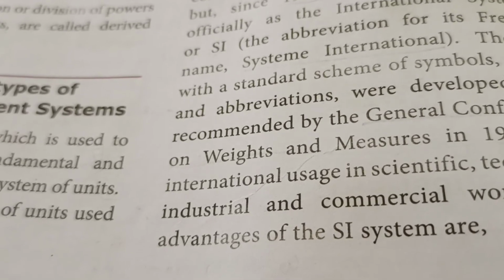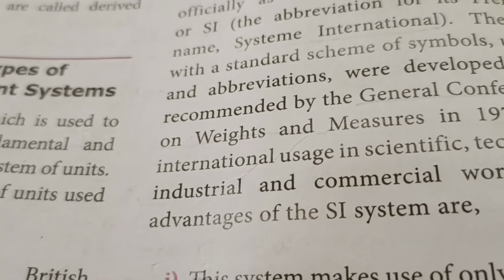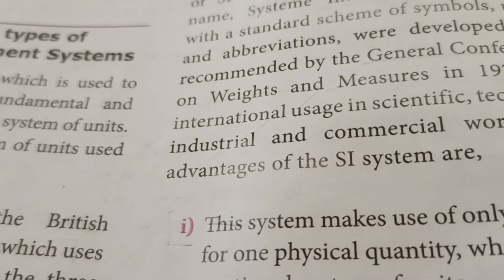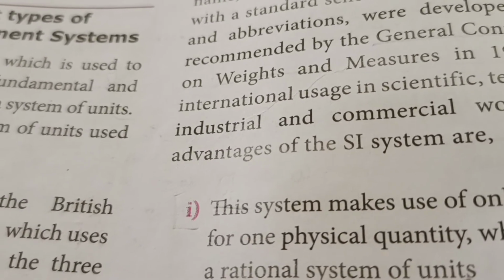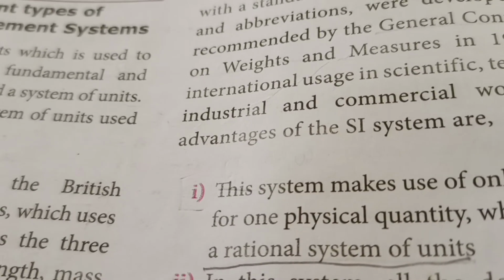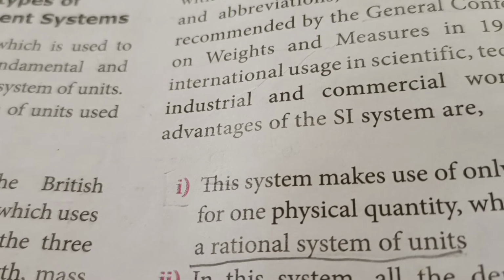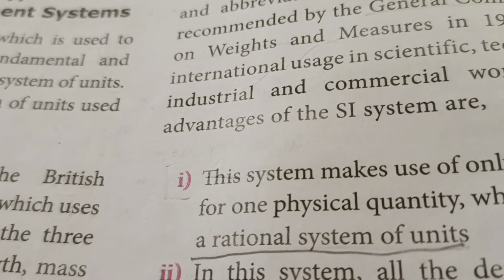The SI, with a standard scheme of symbols, units and abbreviations, was developed and recommended by the General Conference of Weights and Measures in 1971 for international usage in scientific, technical, industrial and commercial work.